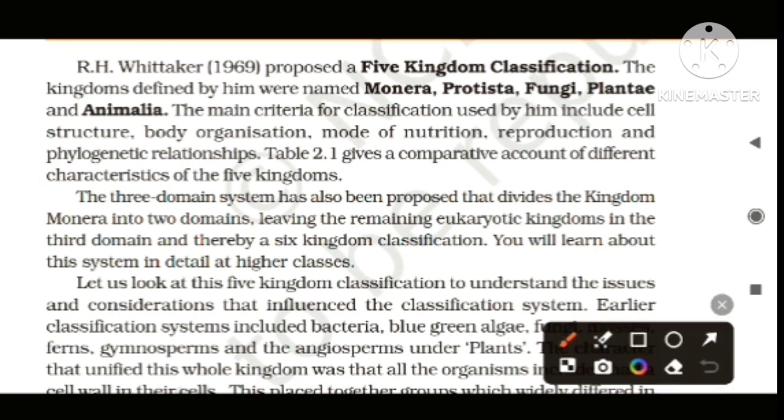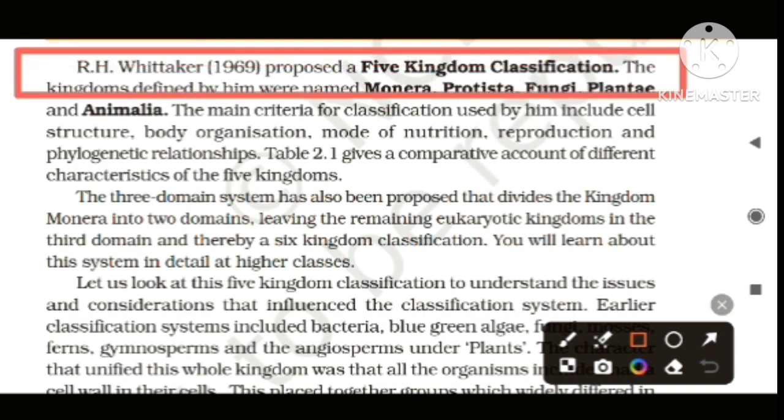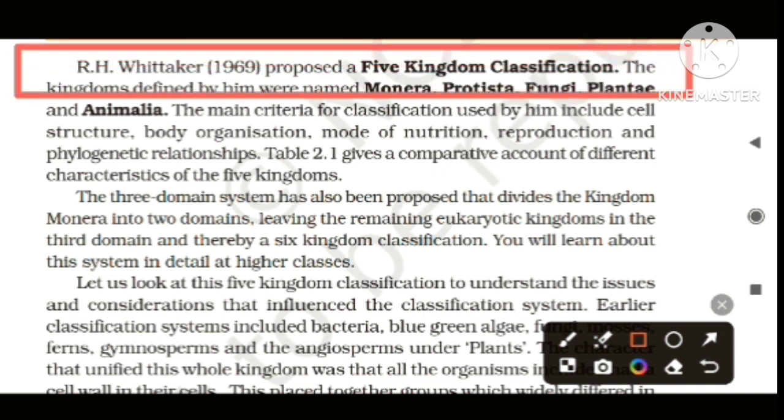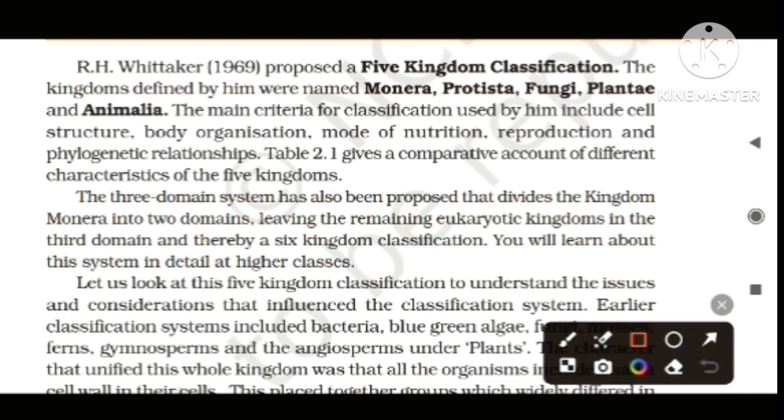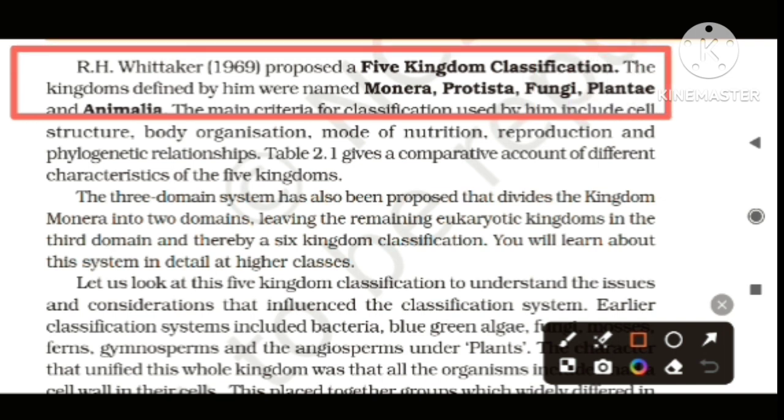Yes. Next, R.H. Whittaker. I have already explained this. It is a previous-year question. R.H. Whittaker in 1969 proposed the five kingdom classification, and the classification is Monera, Protista, Fungi, Plantae, Animalia. Yes, the year is also important: 1969.